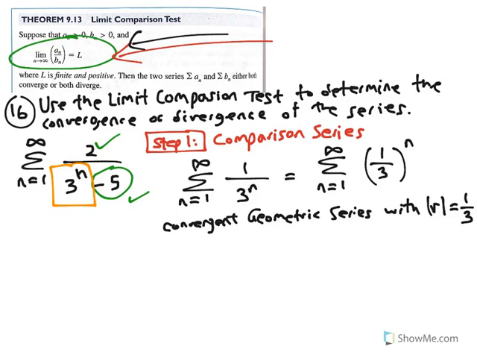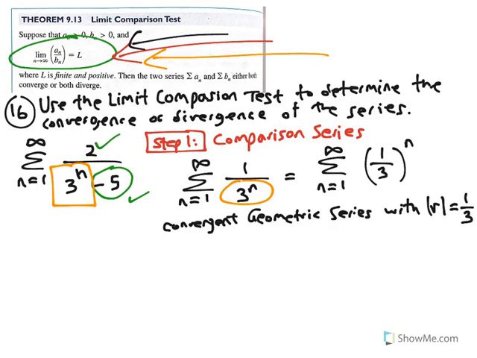You just need to look at the absolute value of the common ratio. And the other criteria because of which we're choosing this to be our comparison series is looking ahead at the limit that we have to take. And it helps that we have 3 to the n as a part of the nth term for the comparison series.